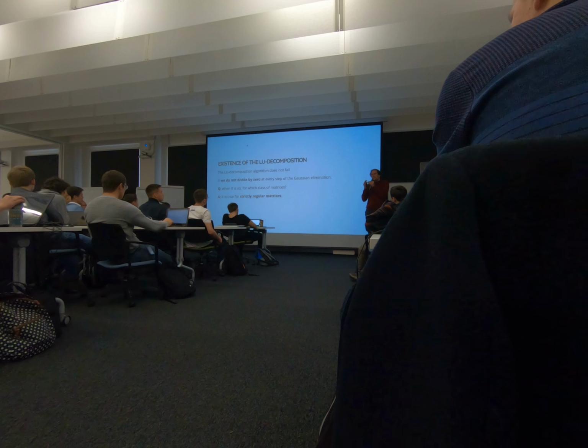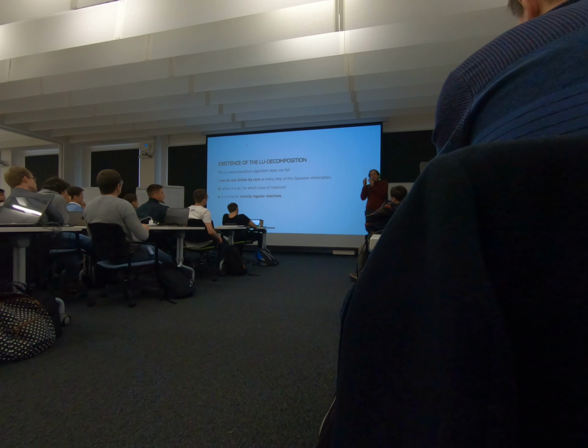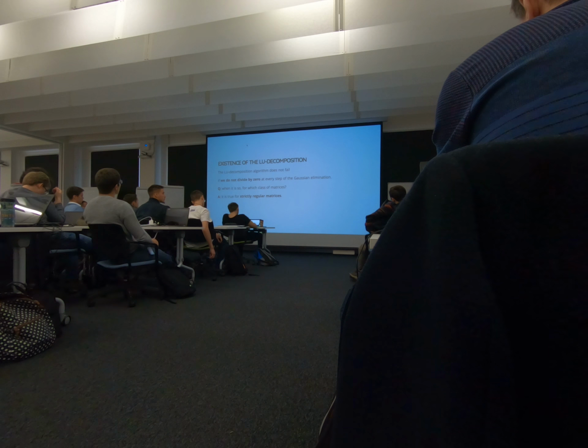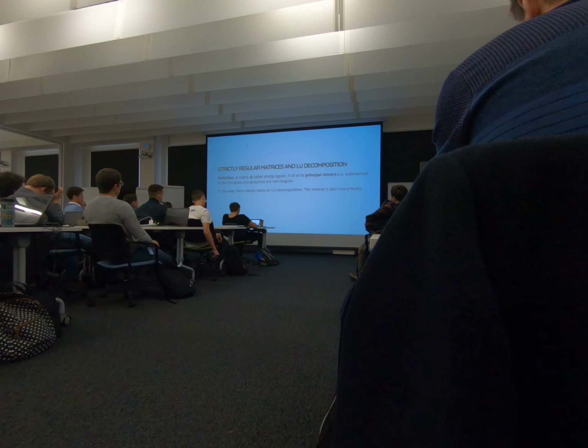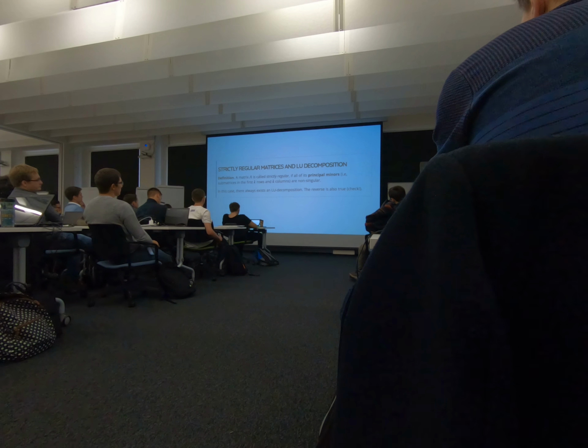Informally, it means that you have to have large elements on the diagonal of the matrix, right? Then you will be dividing by something not very small, but you have to have more. You have to formally define what it means to be diagonally dominant. But the strict characterization still comes in terms of determinants.